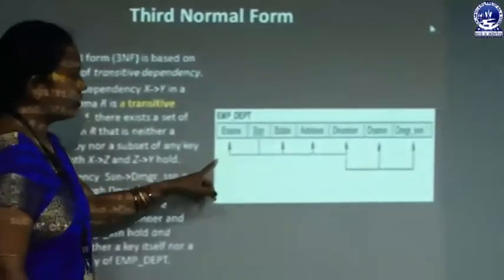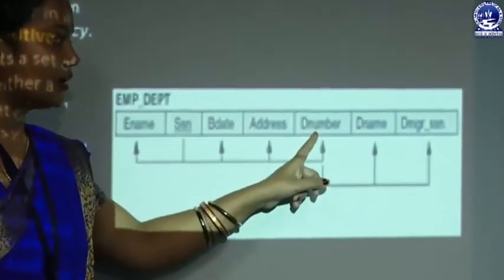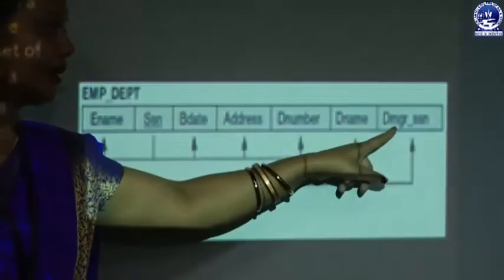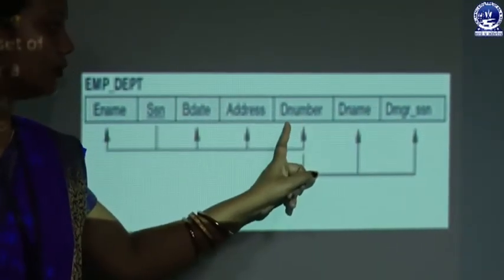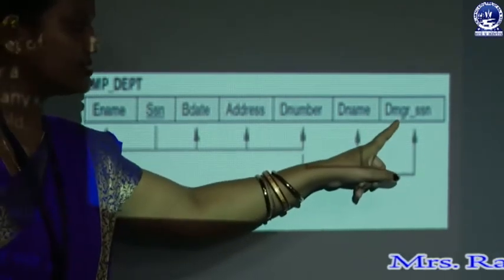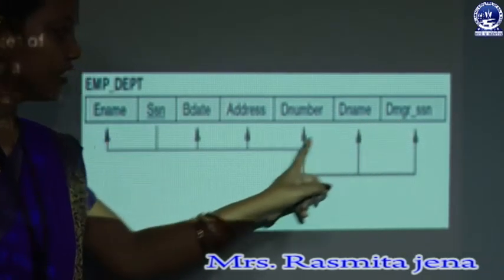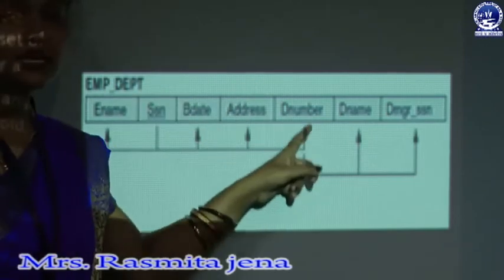We can see it by using one example. Here Dnumber is a non-key attribute and Dname and Dmanager SSN are two other non-key attributes. By using Dnumber, Dname and Dmanager SSN can be determined. So, in this case the transitive dependency holds.